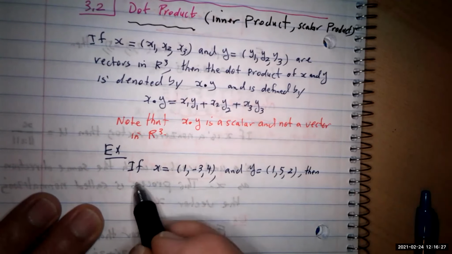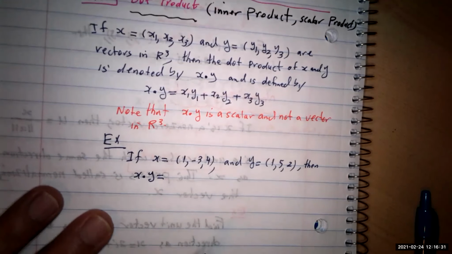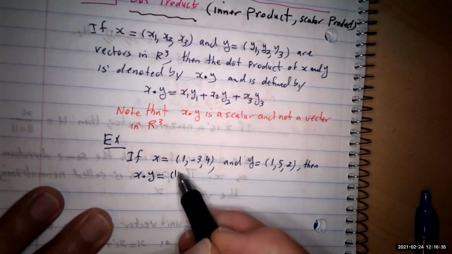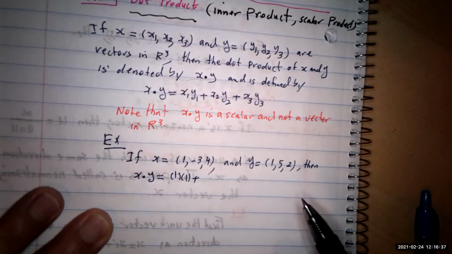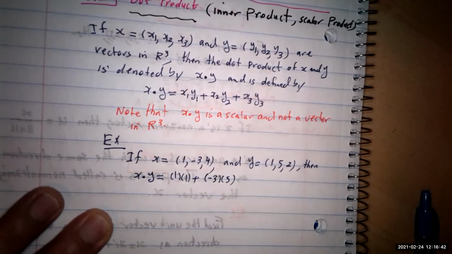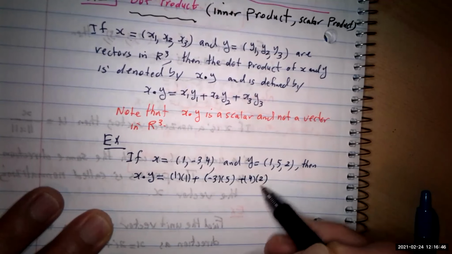Then x dot y is going to be equal to 1 times 1, -3 times 5, and plus 4 times 2.